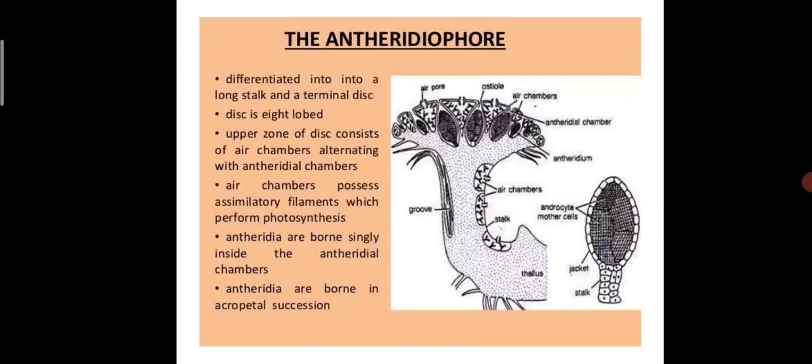So, sexual reproduction in case of Marchantia, here they have the sex organs, and as already mentioned, these sex organs will be borne on certain stalk-like structures. These stalk-like receptacles are known as gametophores.